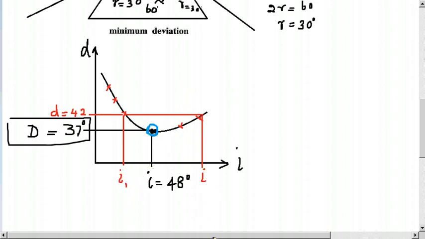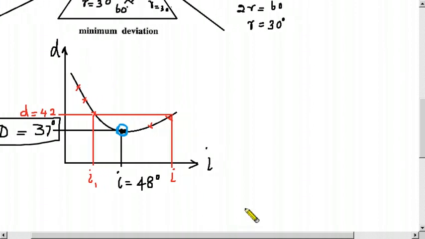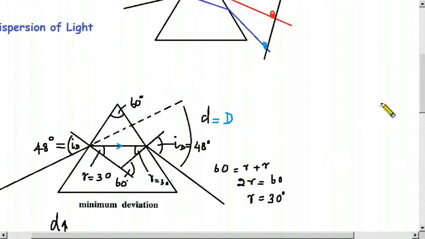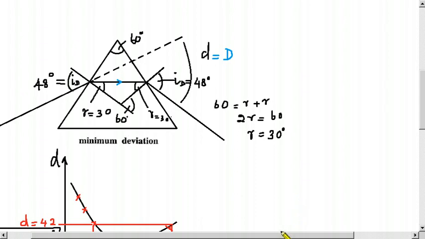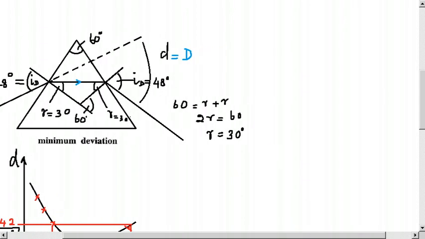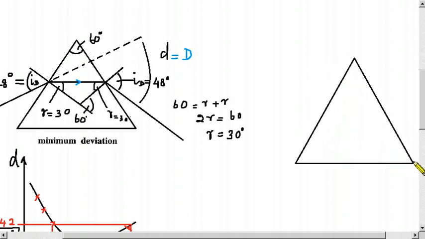So let us draw the diagram for this red color state. That means not the minimum deviation, other than the minimum deviation.